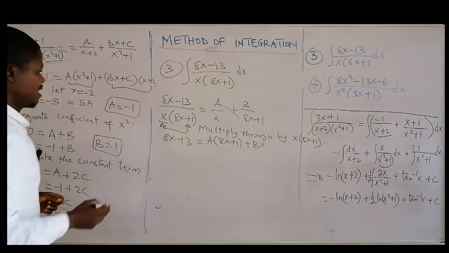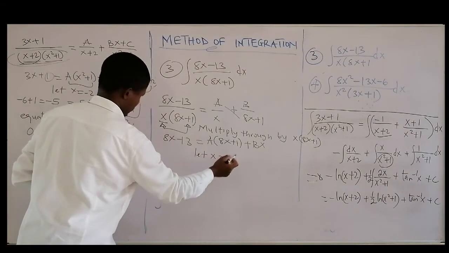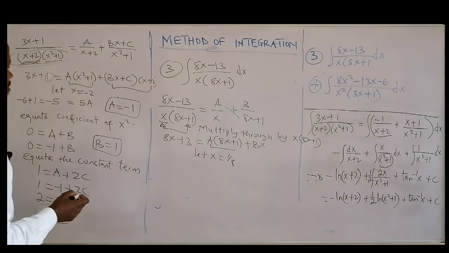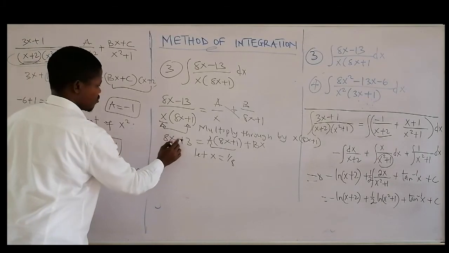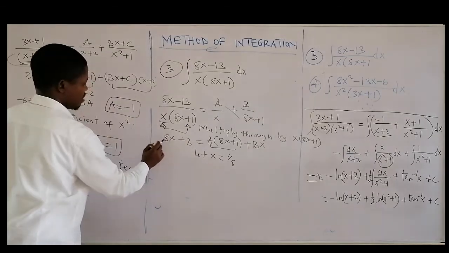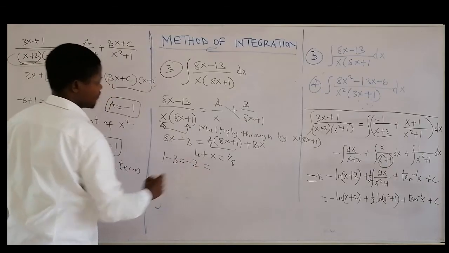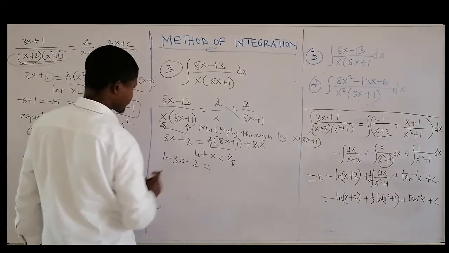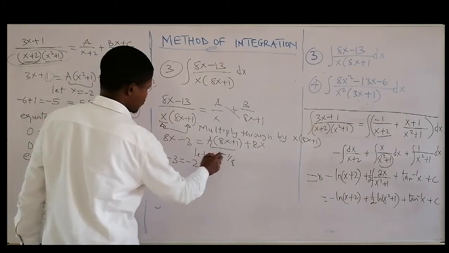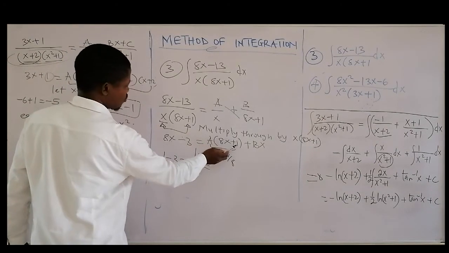Okay, then let's see how we can eliminate. Let x be equal to 1 over 8. We cancel that. Then we have here, this minus 13. So this will be equal to 8 times 1 over 8, that's 1 minus 3, that's minus 2 equal to. This will go. So by the time you multiply here with 1 over 8, we have minus 1 plus 1, so it goes.